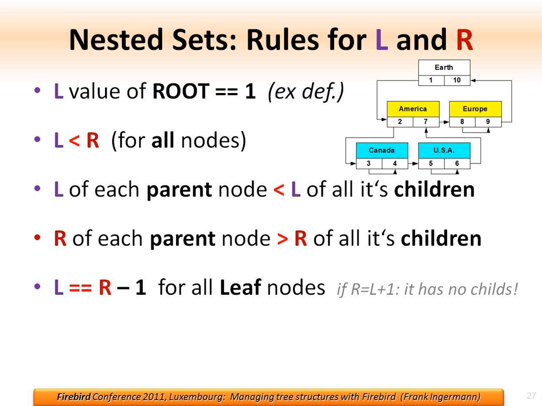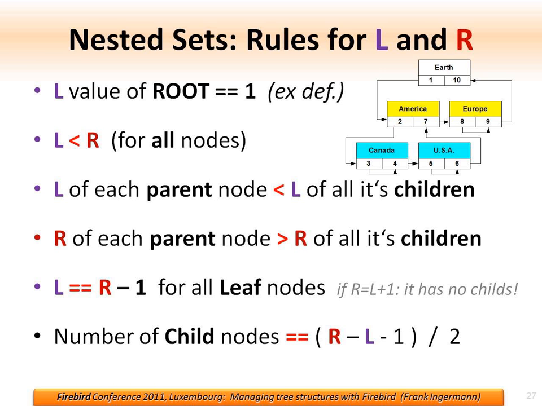Oh, there you go. There it is. Oh, I was one line ahead. So actually what this is saying is that the leaf nodes have the left and right values that are next to each other, because there are no values between them. And there you have the formula: right value minus left value minus 1, divided by 2.